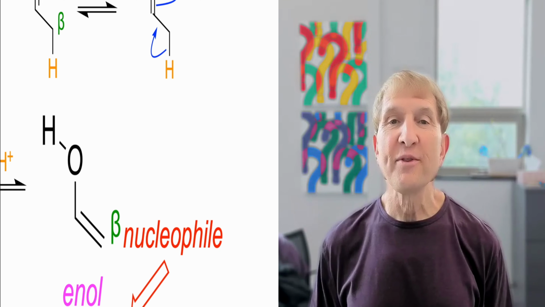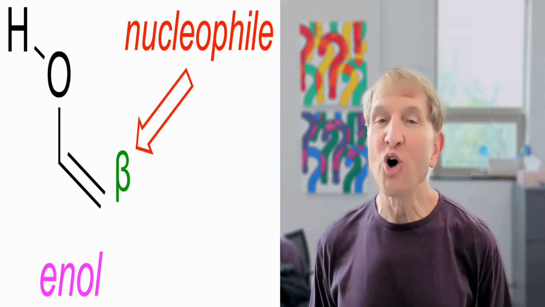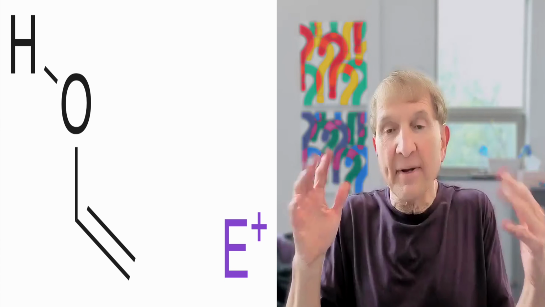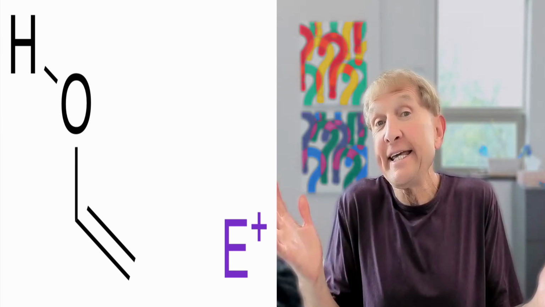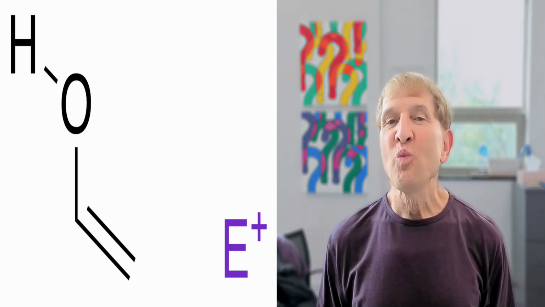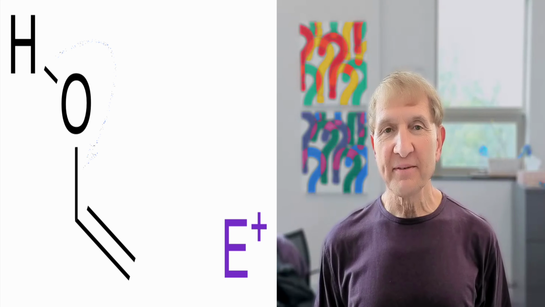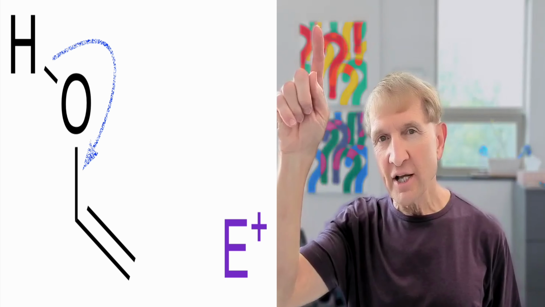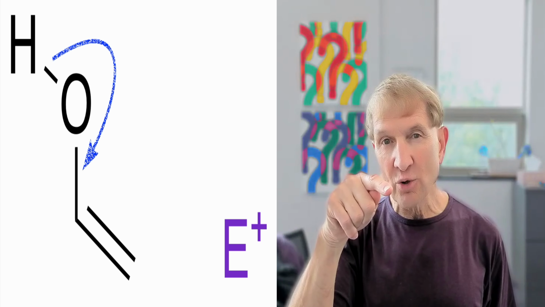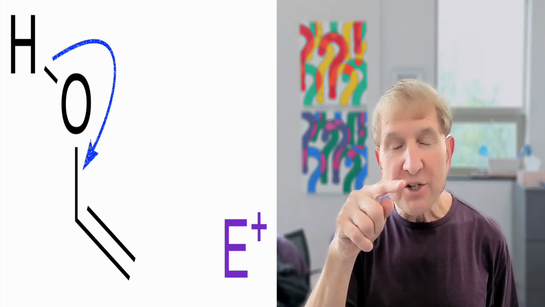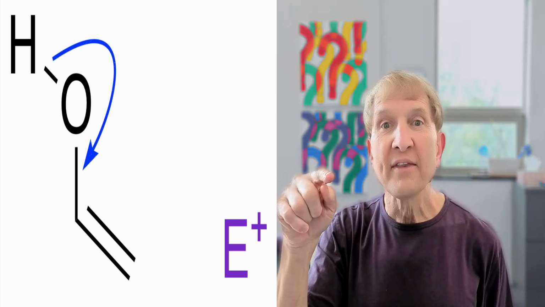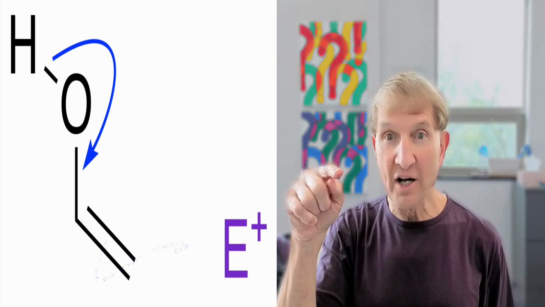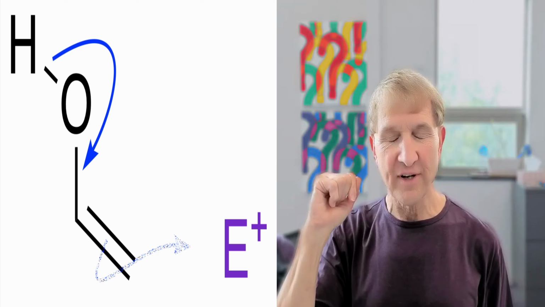Enols react with many electrophiles on that carbon. So let me generically imagine an electrophile E+. When it adds to that beta carbon, the electrons push around and liberate a proton, regenerating the C=O double bond. The electrons flow through the C=C double bond, through that beta carbon, and onto the electrophile.